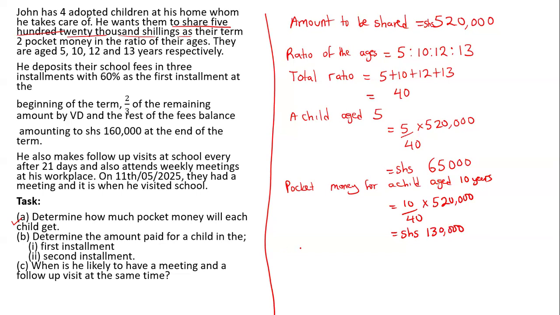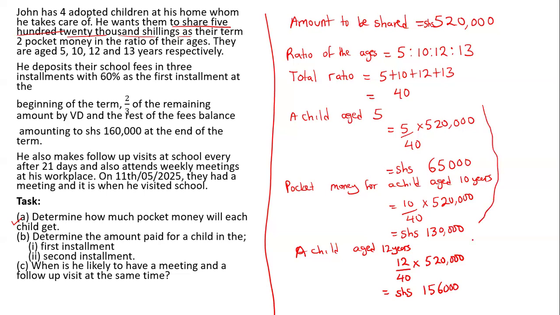Then I'm going to say a child aged 12 years. Now that will be 12 out of the 40, then times our amount, which is 520,000. And this one will yield for us 12 out of 40 times 520,000. That one will give us shillings 156,000. Then we have one more.